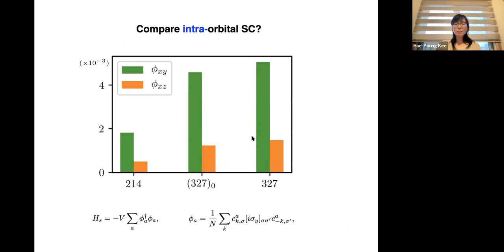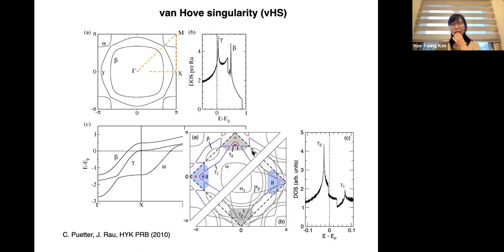So I have more density of states, and therefore in all of these cases, the pairing will be enhanced. On the other hand, inter-orbital pairing is not just sensitive to the Van Hove singularities. It is actually more sensitive to the nature of the underlying orbital and spin. So it's better to have more mixtures of orbital and spin through the spin-orbit coupling. So that's where the difference comes from.